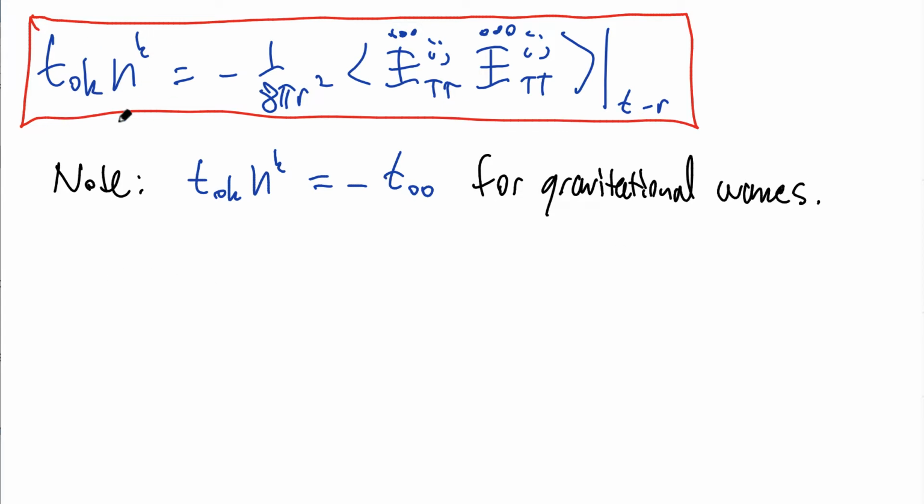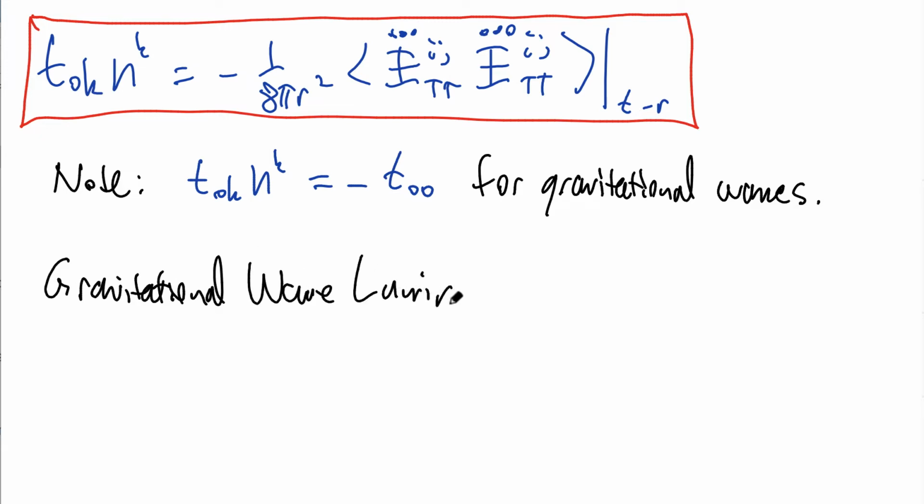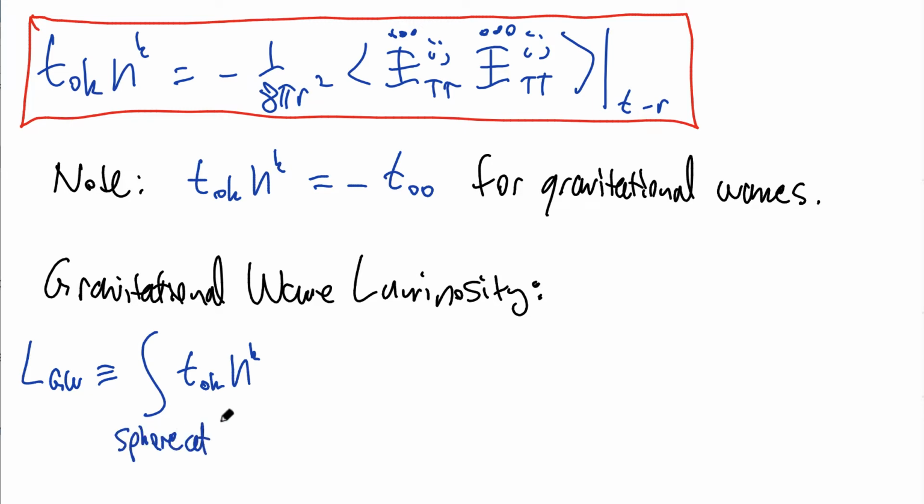From the energy flux, we can compute the rate at which the source loses energy through gravitational radiation. This is the gravitational wave luminosity. This is defined as an integral over the energy flux through a sphere at large radius, and the area element of the sphere is r squared d omega.